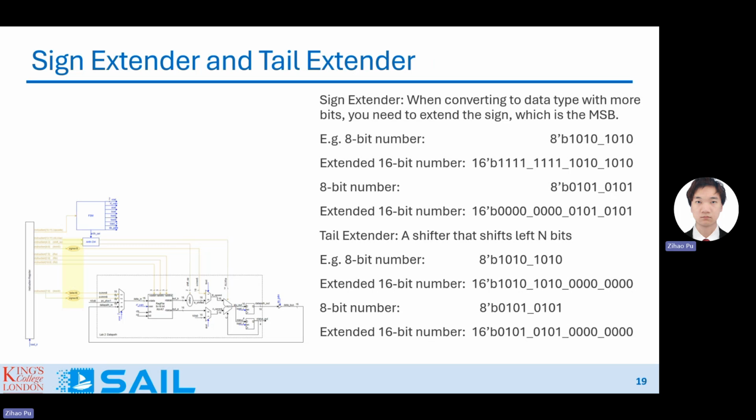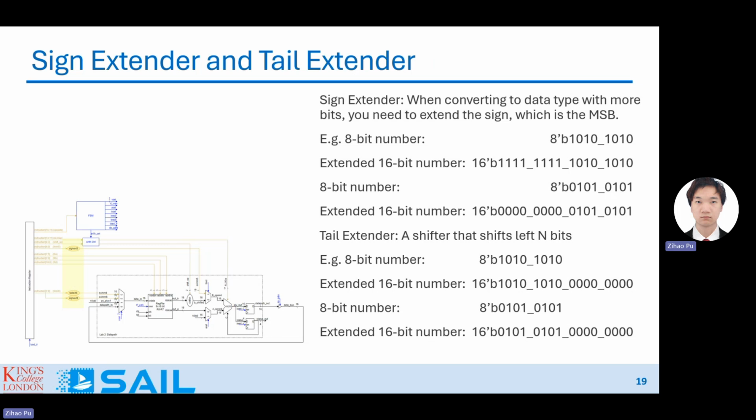Because we covered in two's complement numbers, the MSB is the sign. So for the sign extender, you just copy the MSB and fill the extended part. The tail extender is even simpler. It's basically logically shifting left. And I have provided you some examples here so you have a better understanding of what a sign extender and tail extender are.